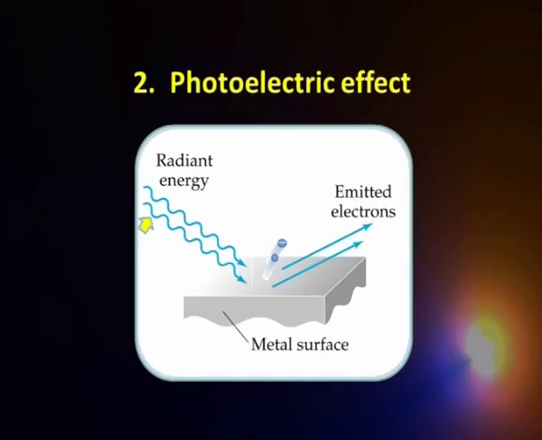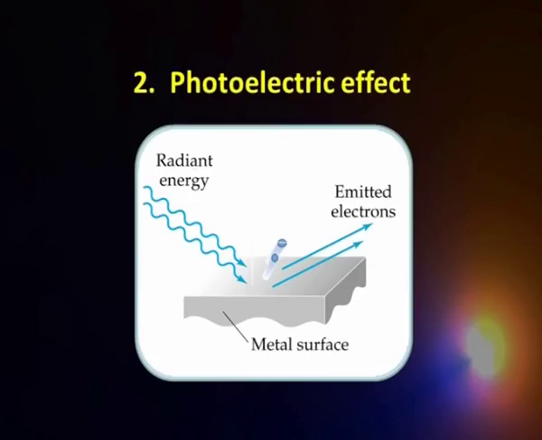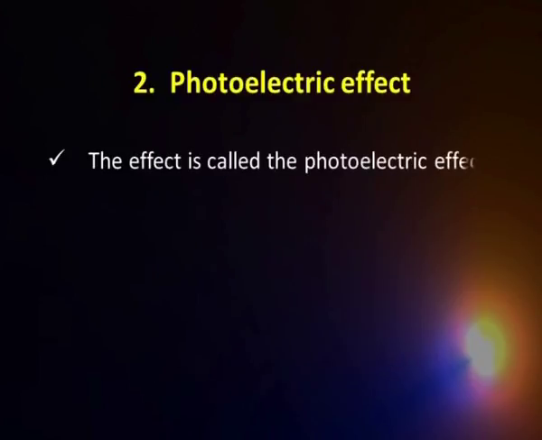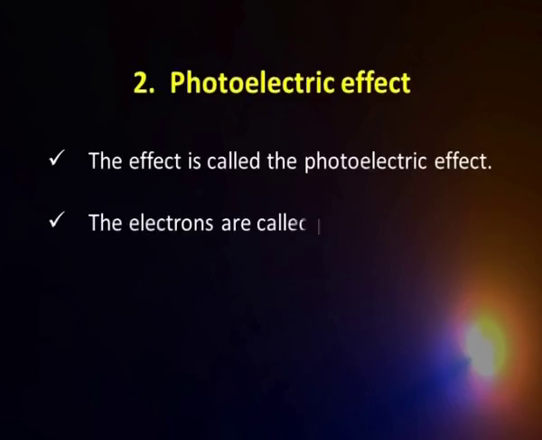What we observe is that when light falls on it, it emits electrons from the metal, and if I go on throwing light, electrons keep coming off, and the electrons coming out constitute current. Such an effect, where you get electrical current as a consequence of light, is called the photoelectric effect, and the electrons emitted because of light are called photoelectrons.